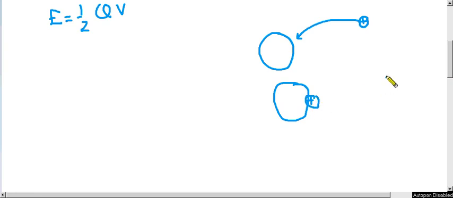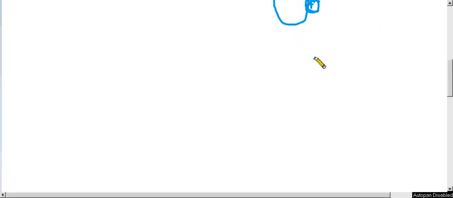When we bring the second charge to load this object, it is very difficult, because by the earlier one the second one is repelled. There is a repelling force. So after the second one, there are now 2 charges already. We bring the third charge.